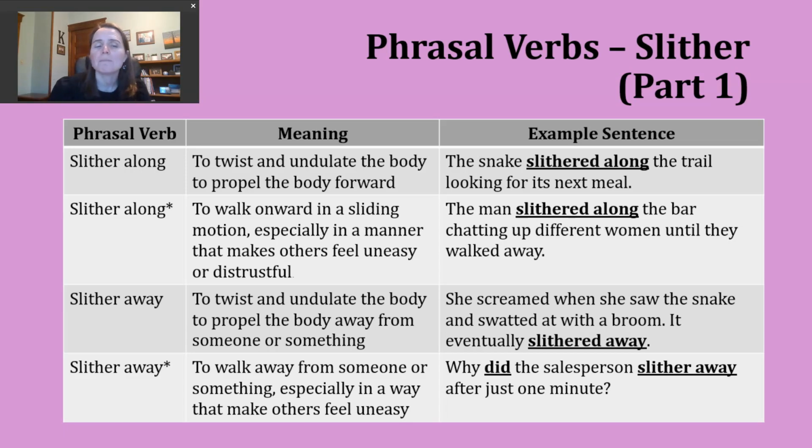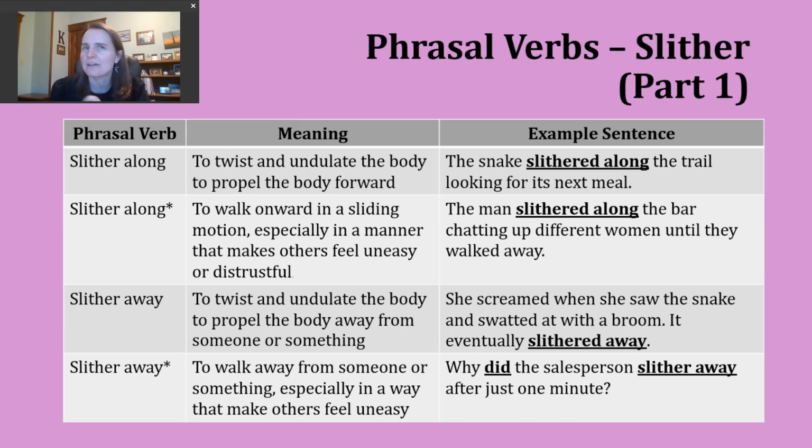Now, a second way you might encounter slithered along can mean to walk onward in a sliding motion, especially in a way that makes others feel uneasy or distrustful. So with this definition, and we're going to see other examples of this, what I think is really happening here is we're sort of describing the way a particular person is moving, maybe how they're acting or how we feel about them, and comparing that to a snake.